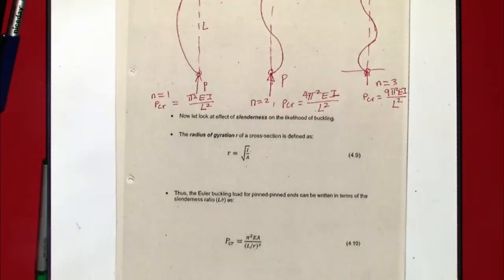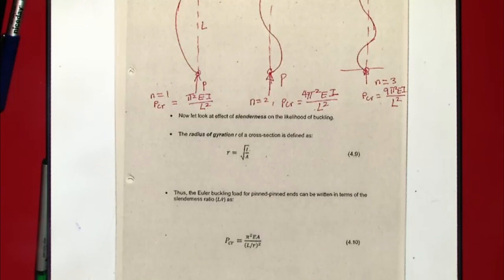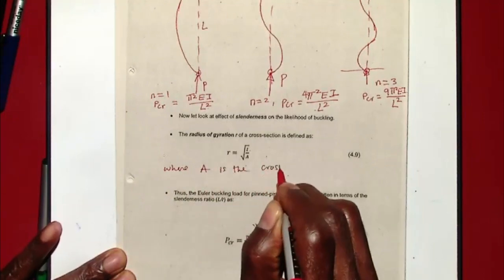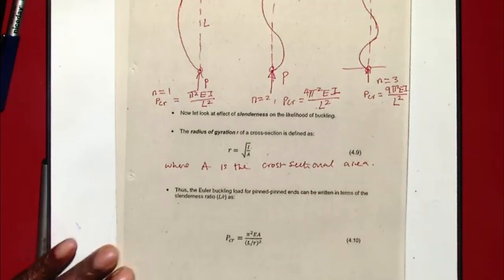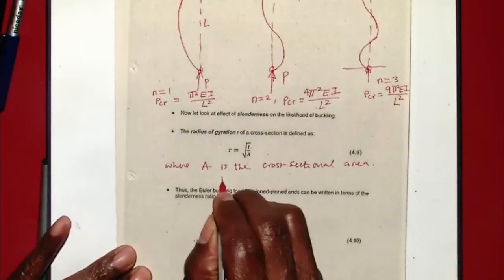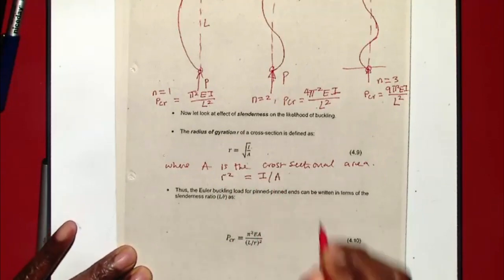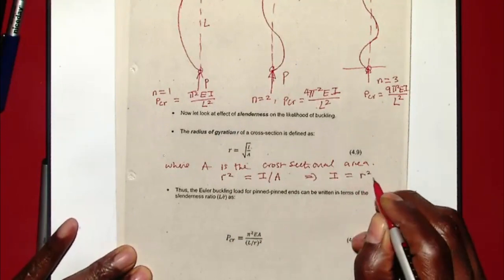The radius of gyration is the ratio between the second moment of inertia and the area of the particular cross-section that you are dealing with, where A is the cross-sectional area. If I square both sides, my R squared becomes I over A, which means that I equals R squared times A.